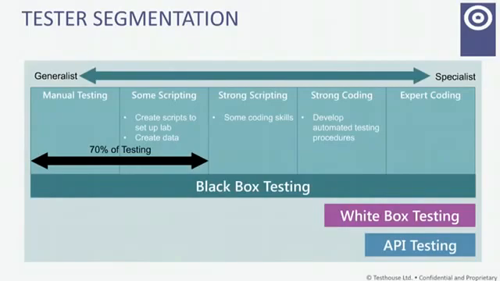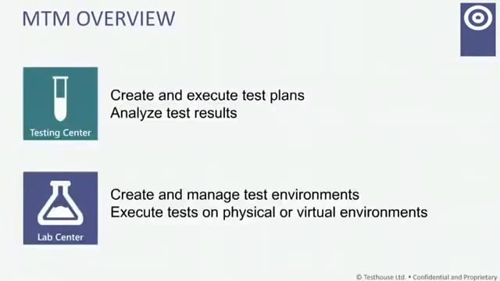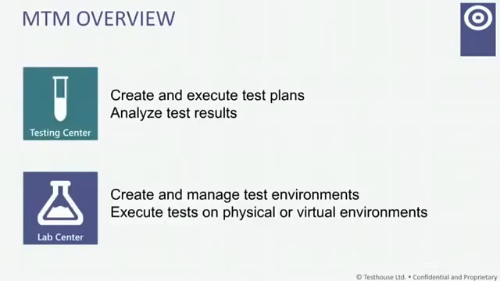It's quite easy to just sit there and drive the application. Traditionally, test tools have targeted the scripting, more technical side, so you need strong coding skills and technical expertise to be able to do that. So Microsoft has created MTM to deal with the more manual side of testing, and that's what I'll be demonstrating with you today. There's a bit of a gap in the market there.